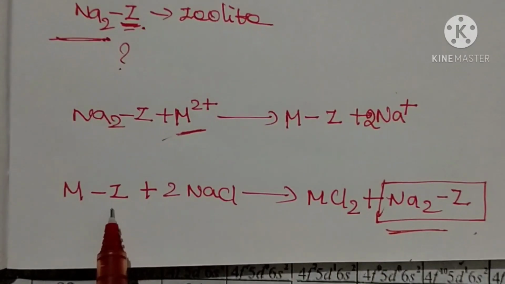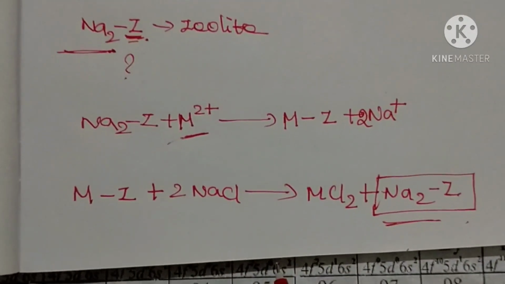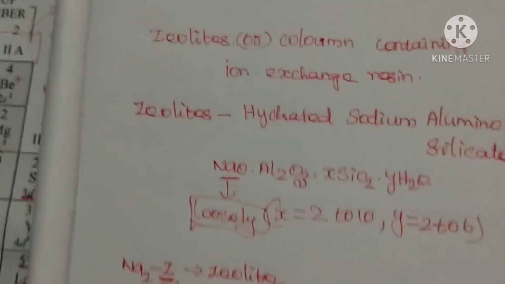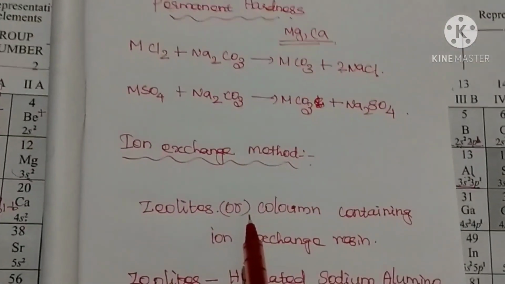So hydrated sodium aluminosilicate is obtained by treating the metal zeolite with sodium chloride solution.